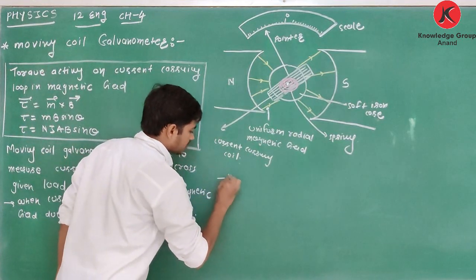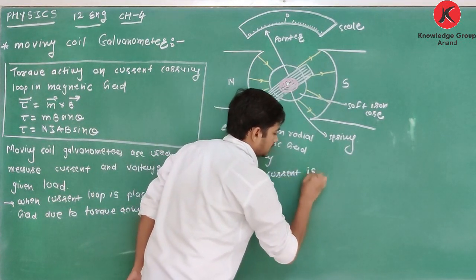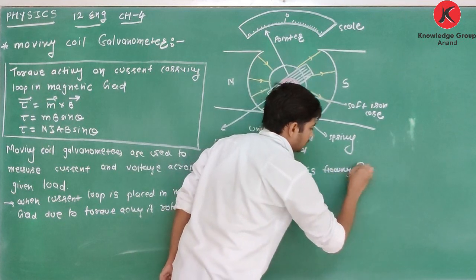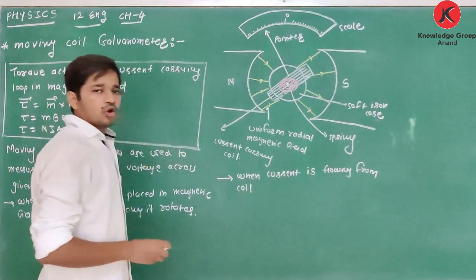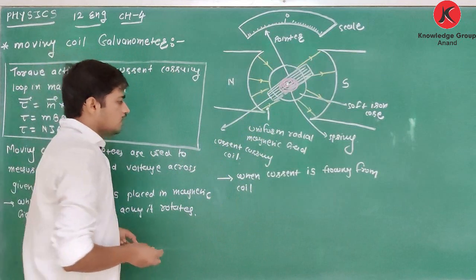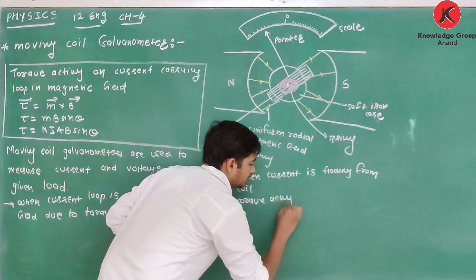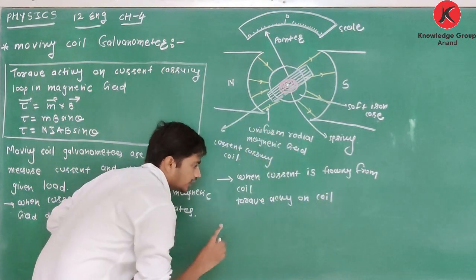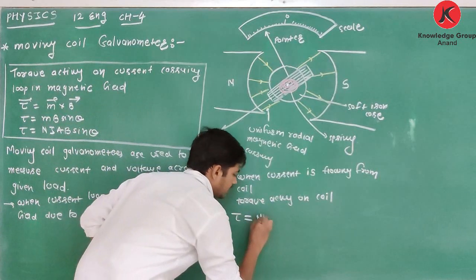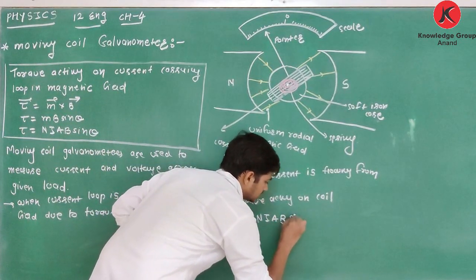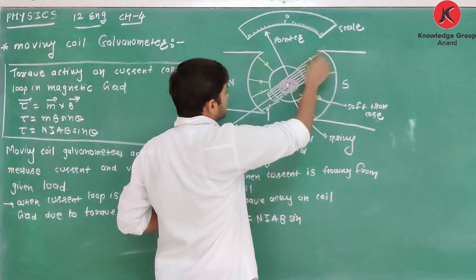Now see, when current is flowing through the coil, which is placed in a uniform magnetic field, the torque acting on the coil is tau equals N I A B sin theta. The magnetic field is in the radial direction.